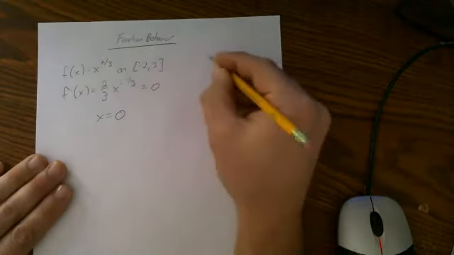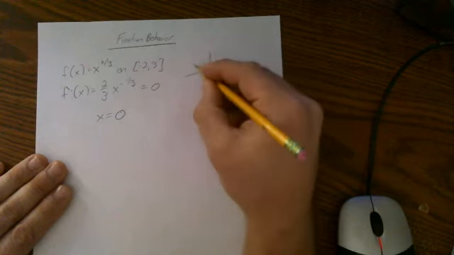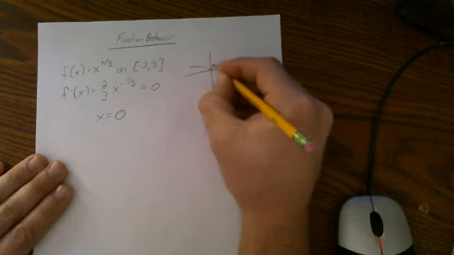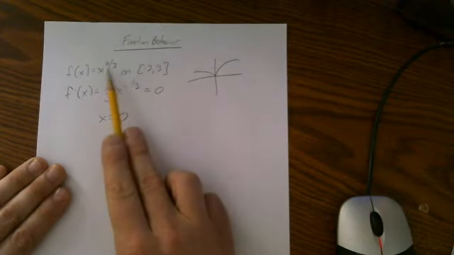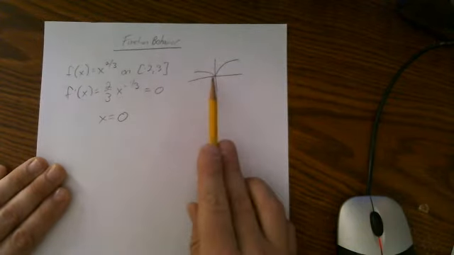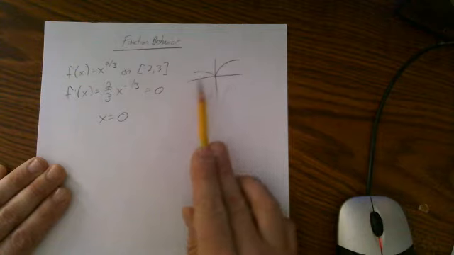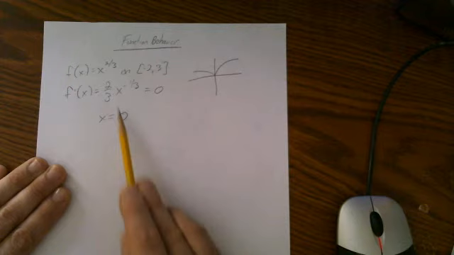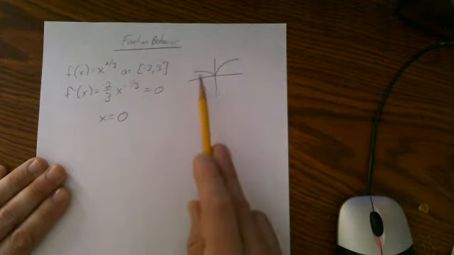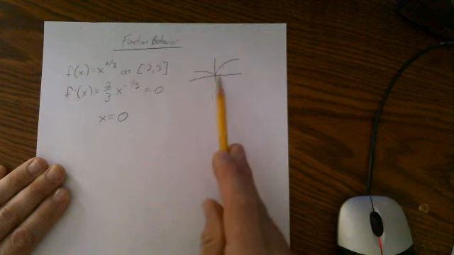Although the derivative is not defined at x equals 0, this is what the graph of y equals x to the 2/3 looks like. It's still a critical point because it has a horizontal tangent line there. Although the derivative is not defined because we'd have 0 in the denominator, which means the graph is not differentiable at x equals 0.